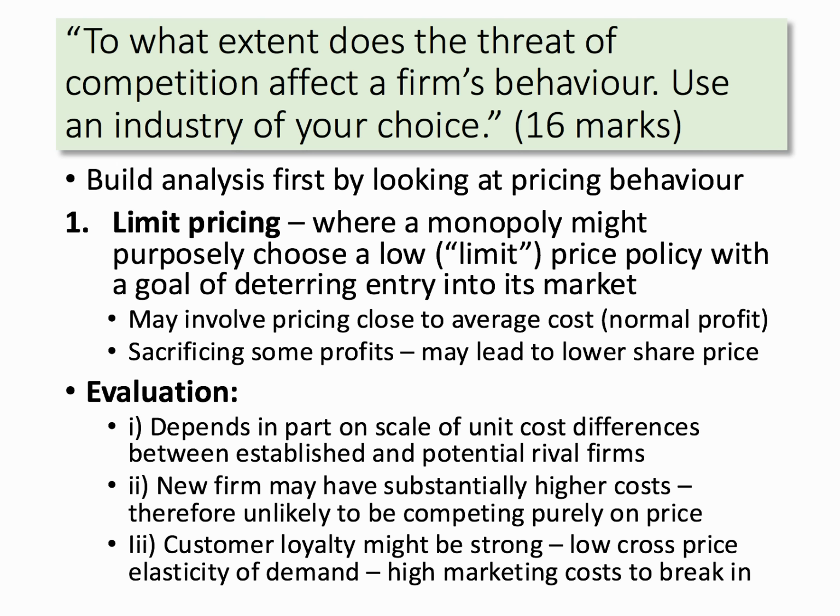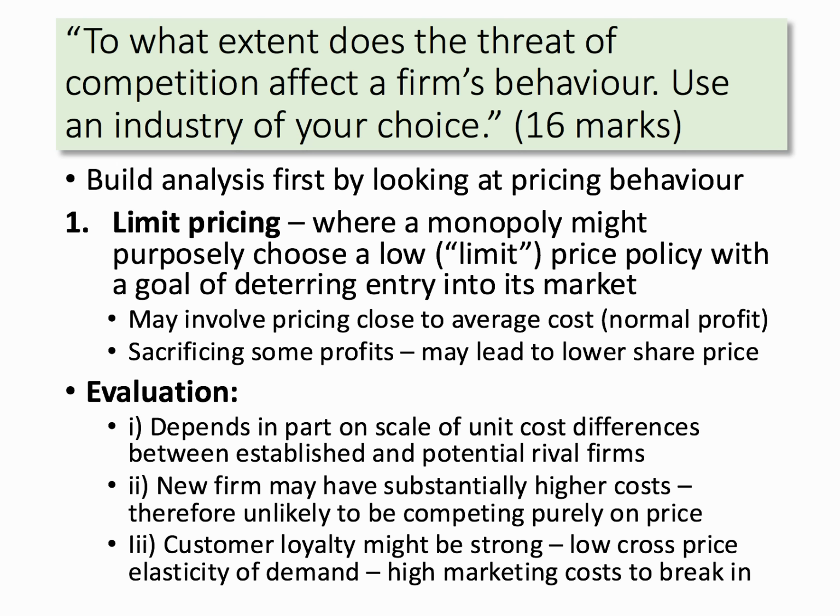Evaluation at this point: of course, the extent to which limit pricing is needed depends on the scale of the unit cost differences between established and potential firms. We'll have a look at a diagram of that in a second. The new firm coming in might have substantially higher costs because they've probably not benefited from economies of scale in that industry, and therefore they may not necessarily be competing on price.